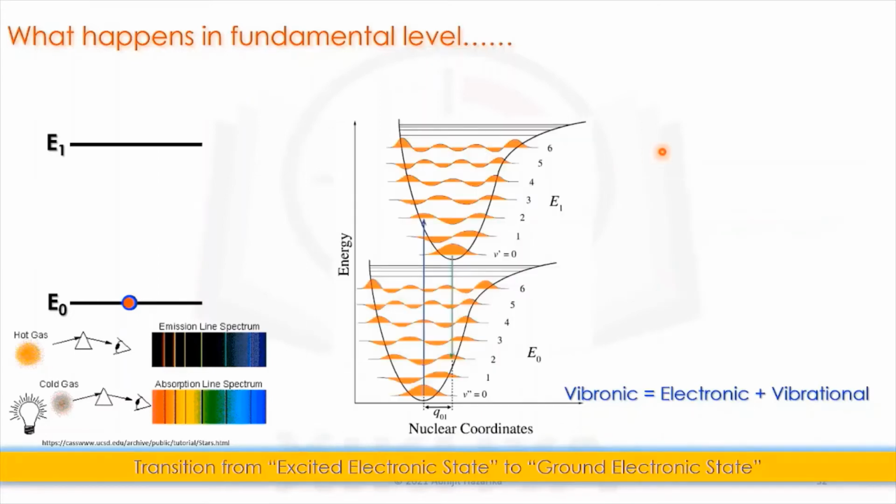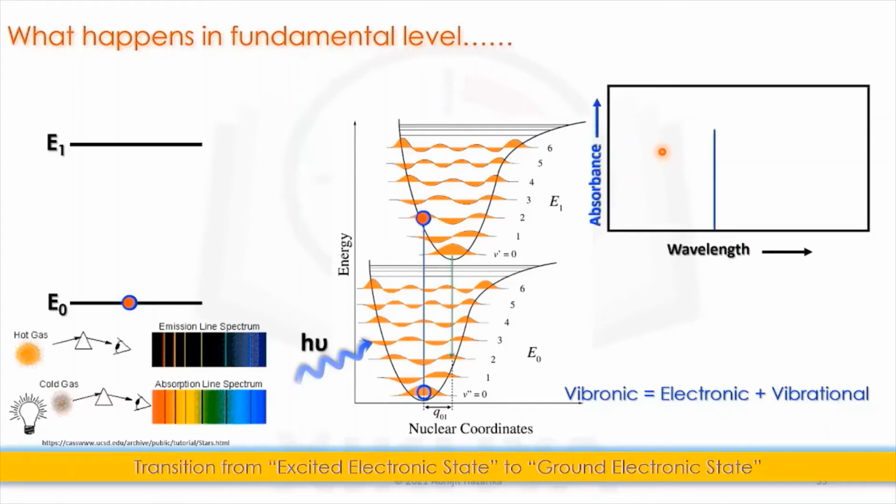Now, what happens when light falls on such a system? When light falls on this kind of system, the electron goes from the ground vibronic state to one of the vibrational levels in the excited electronic state, that is E1, and because of this transition we get an absorption line.